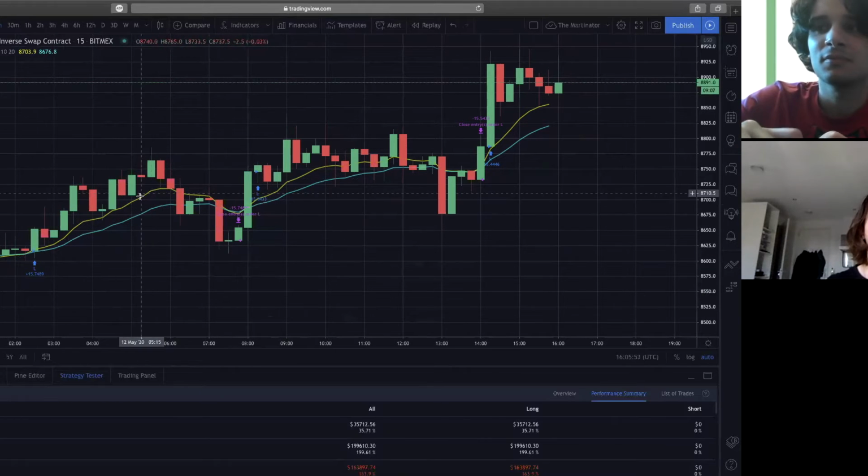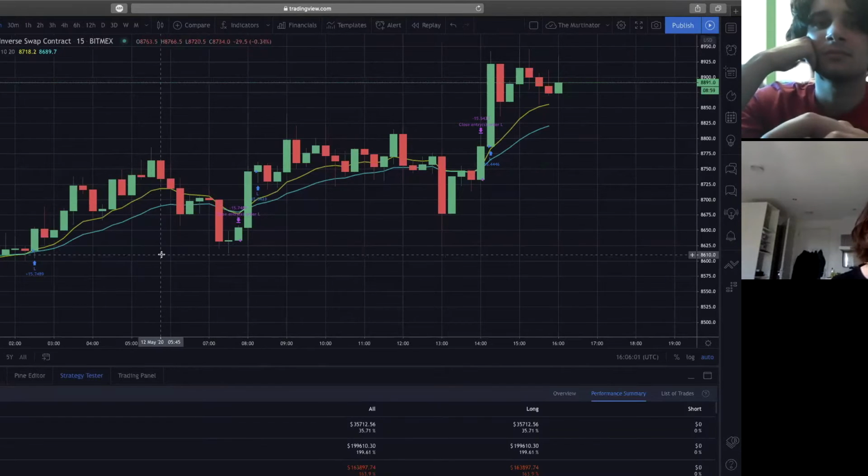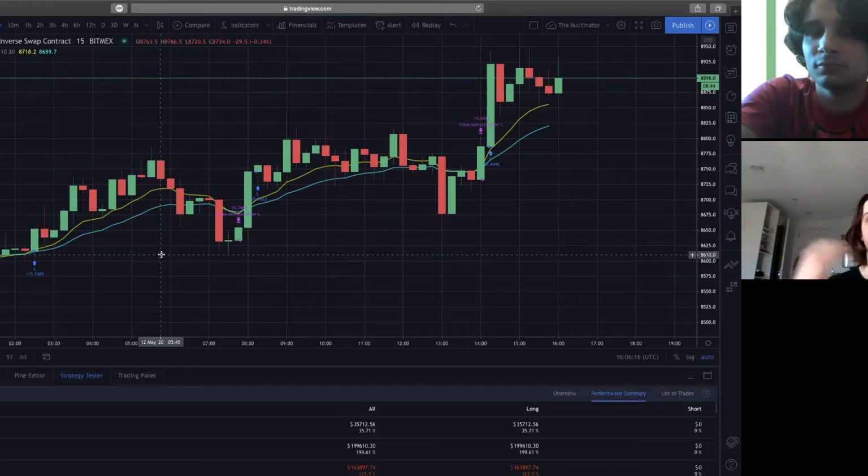Then you have these lines. One of them is the so-called short exponential moving average, and the other one is the long one. The short one has a smaller data window, so it should represent the current state better than the other one, which has a longer window.